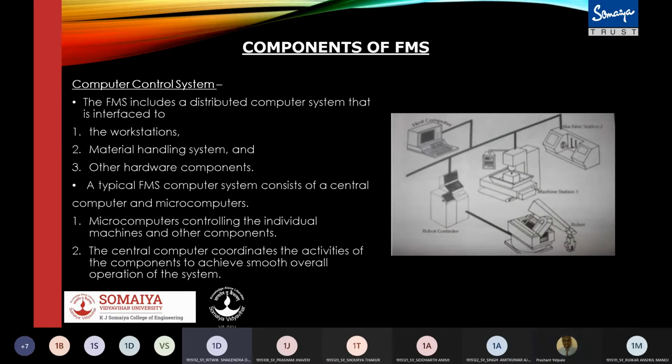These microcomputers control each and every workstation individually, and they report to the central computer, which monitors all these individual computers and ensures that all of these work in coordination and achieve smooth overall operation of the system.